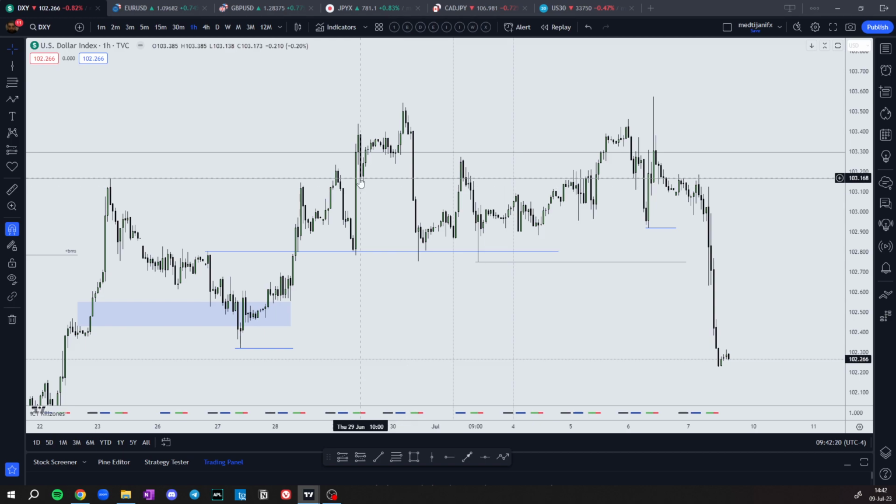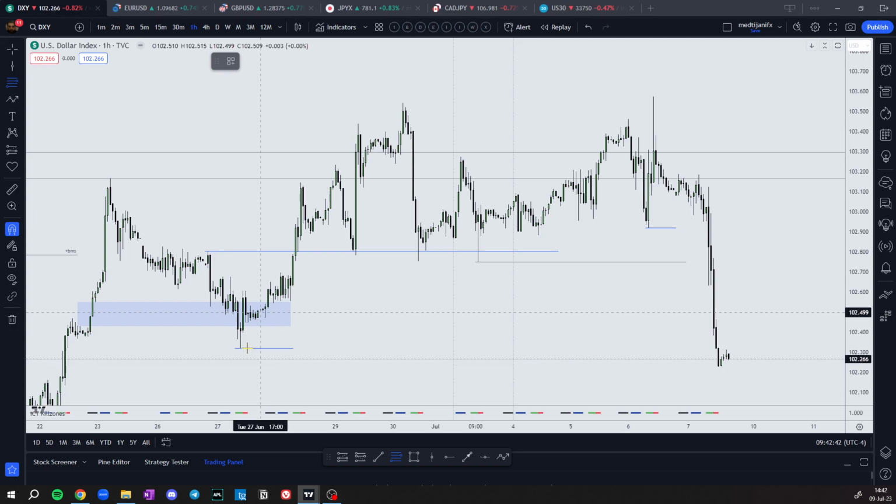Then price has dropped lower. Because the IOF is still bullish, we didn't see an expansion lower to take this accumulation. The IOF is still bullish during the daily time frame, so price had only retraced to discount at that point.